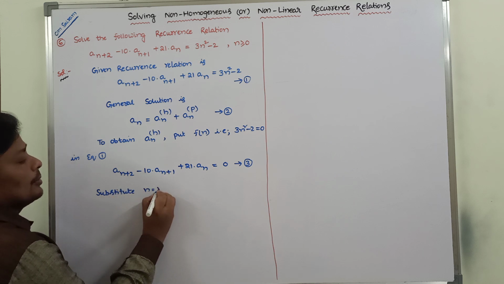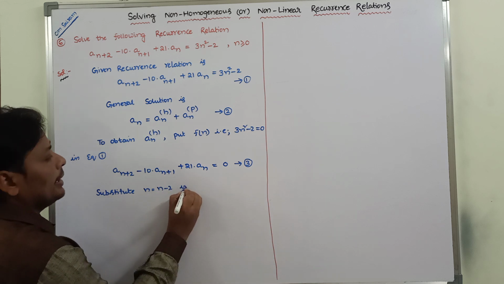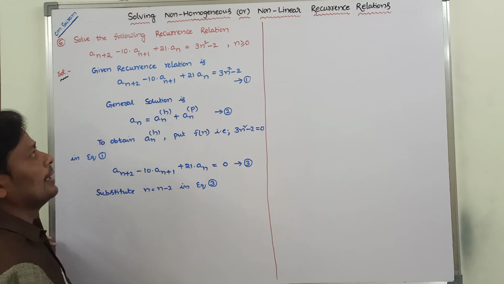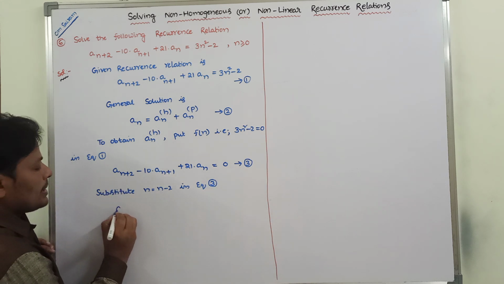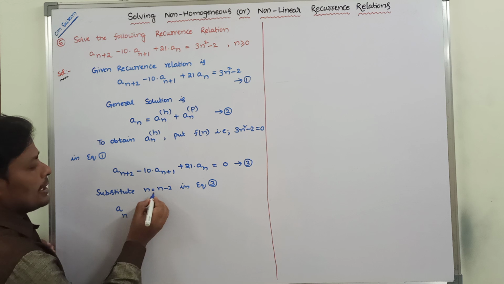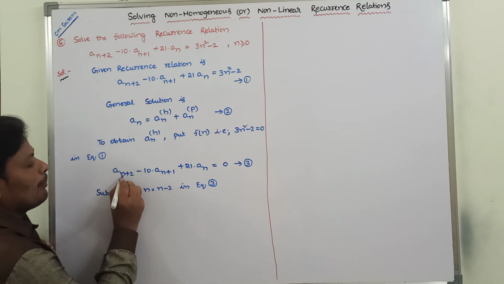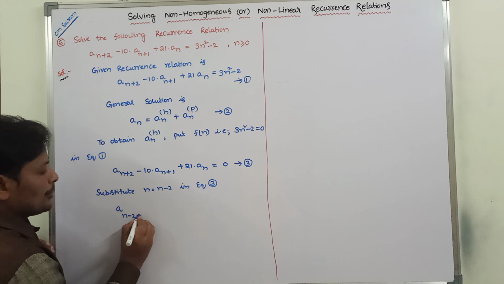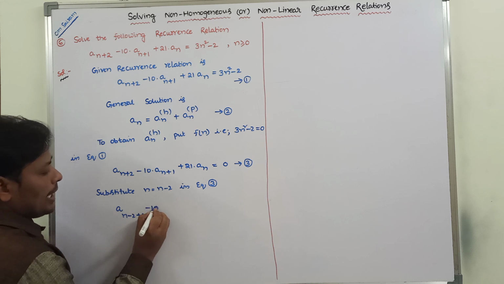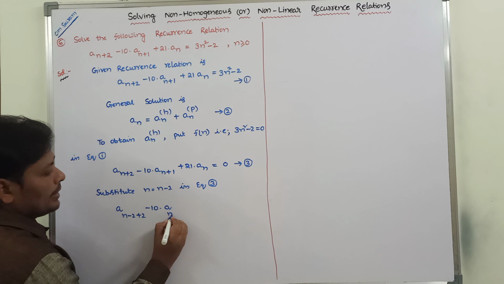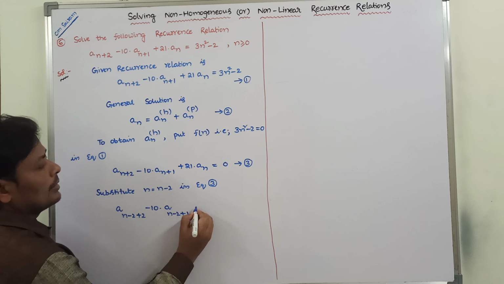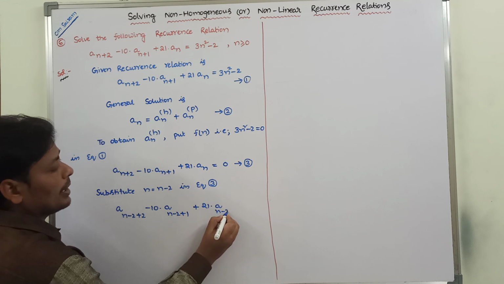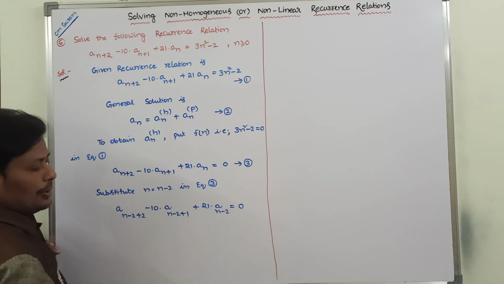Now it becomes A suffix n minus 2 plus 2 minus 10 into A suffix n minus 2 plus 1 plus 21 into A suffix n minus 2 is equal to 0.